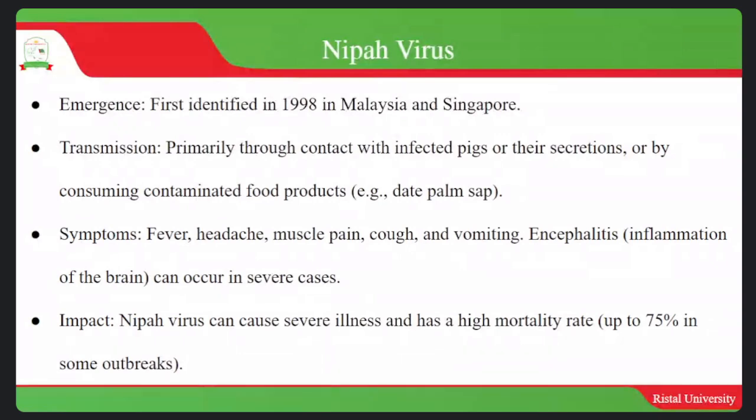So the symptoms included muscle pains, cough, vomiting, headache, and fevers. The inflammation of the brain could also occur in severe cases. So Nipah virus really also had a very high mortality rate of up to 75% in some outbreaks.